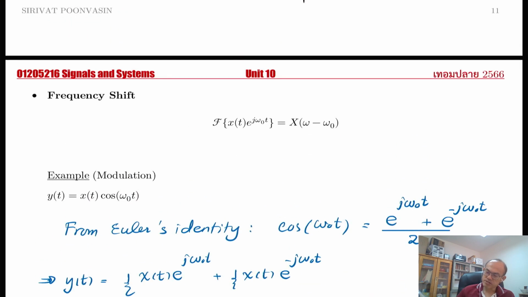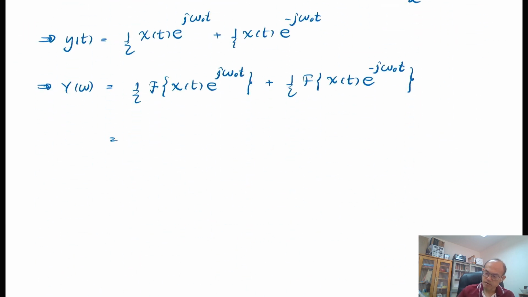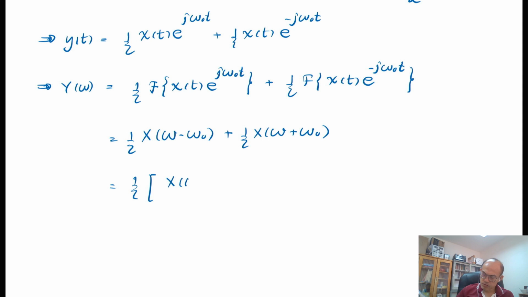Now, from frequency shift, the first one would be 1/2 X of omega minus omega 0, and the other one is 1/2 X of omega plus omega 0, or 1/2 of X of omega minus omega 0 plus X of omega plus omega 0.